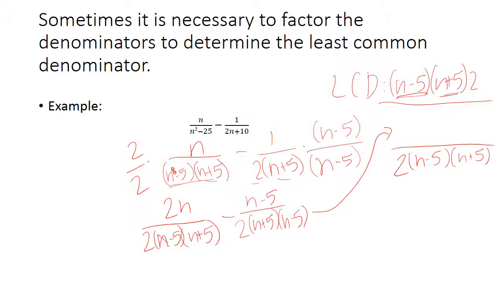Okay, and then I'd have 2n minus n, and remember I have to distribute that negative, so plus 5. Well, now if I simplify this further by combining like terms in the numerator, 2n minus n gives me just n plus 5 over 2 times n minus 5 times n plus 5.